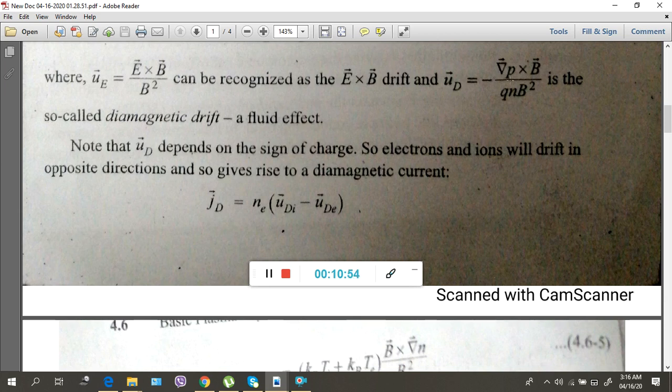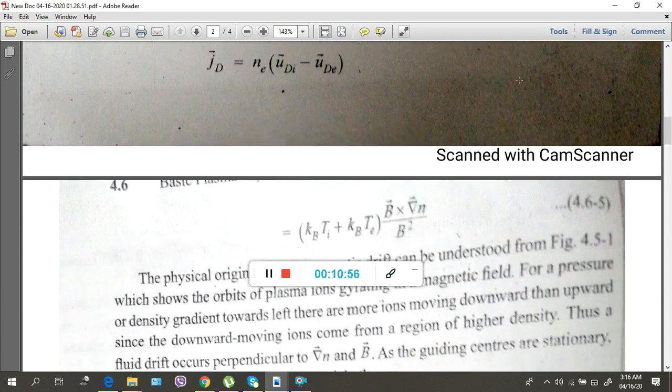Clear? So from here we can write B cross delta N. KT is constant, so we take it outside. Clear?